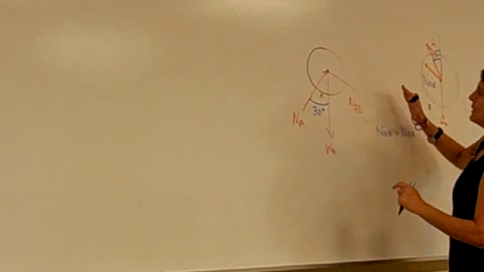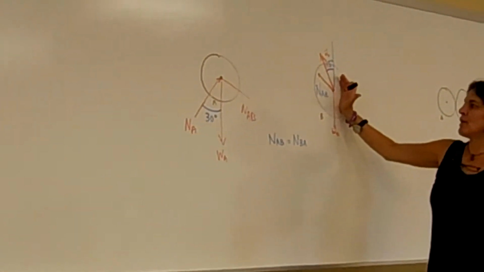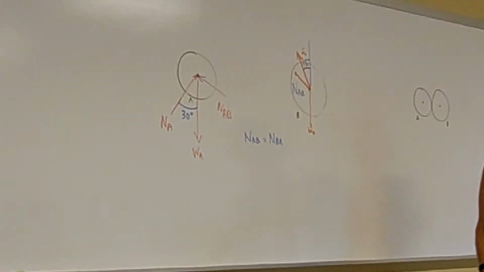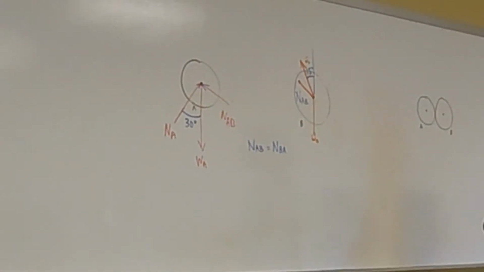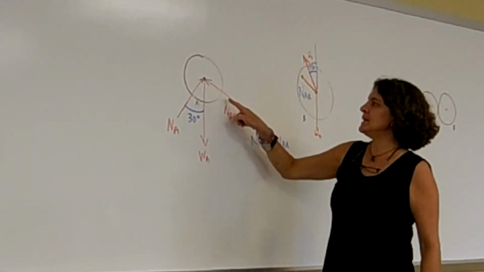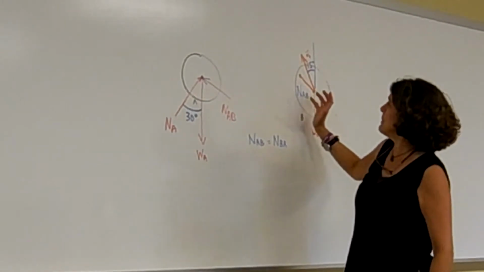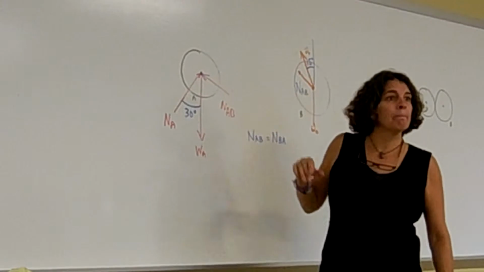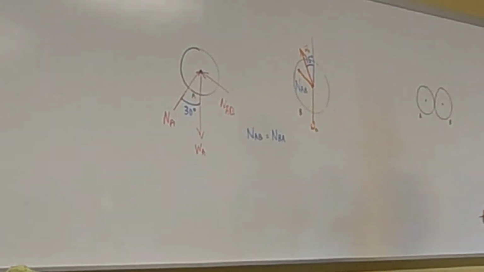This is probably what you were asking for, Haley. Because if the load is coming from B to A, it's got to be drawn to A. Armando, do you see that? This load right here is a normal coming from B to A.